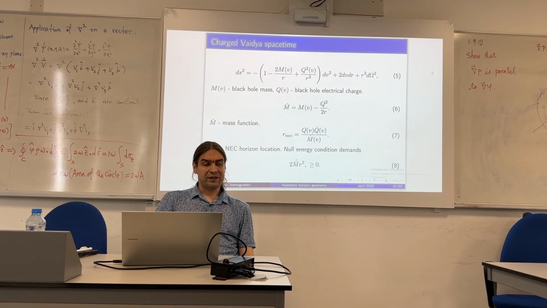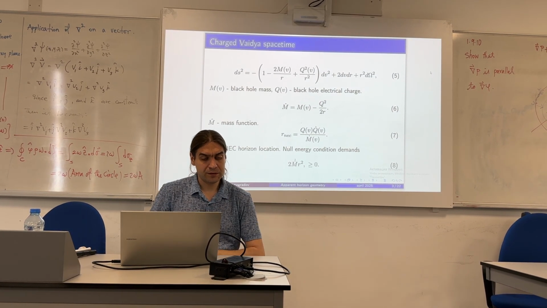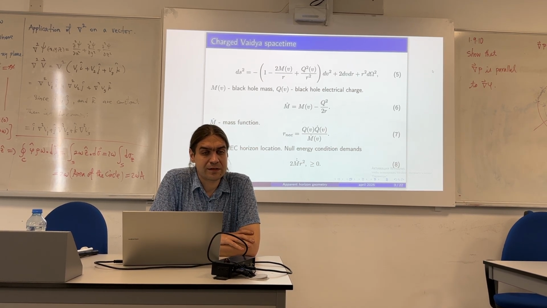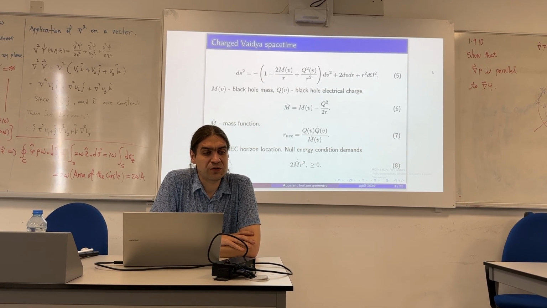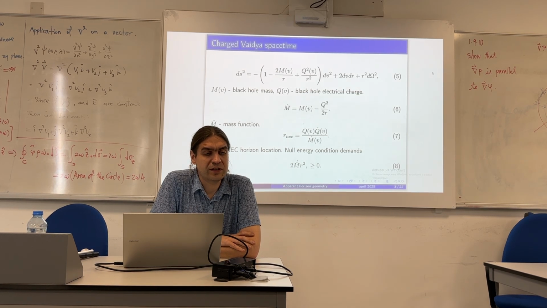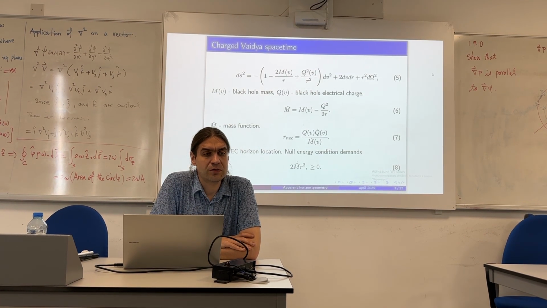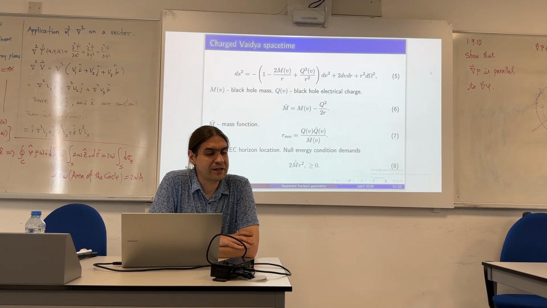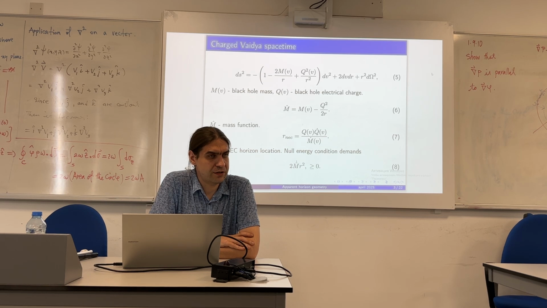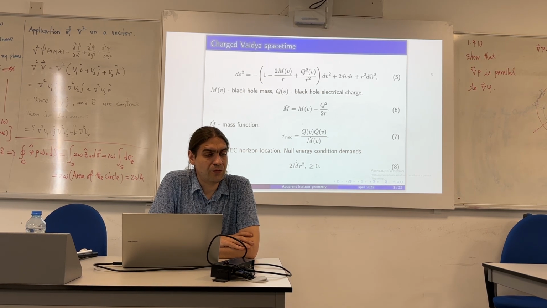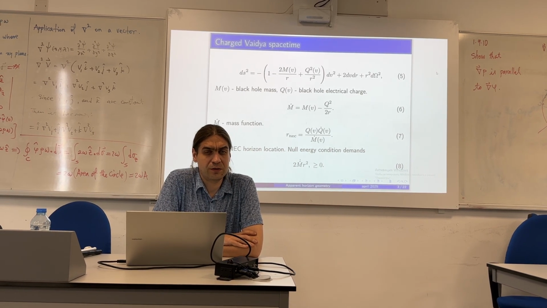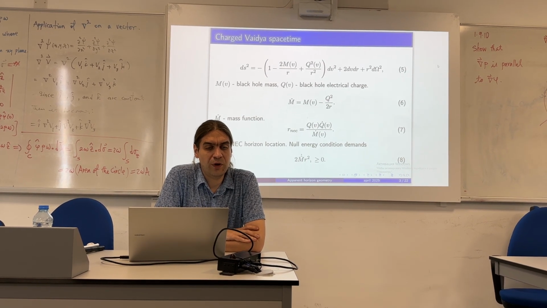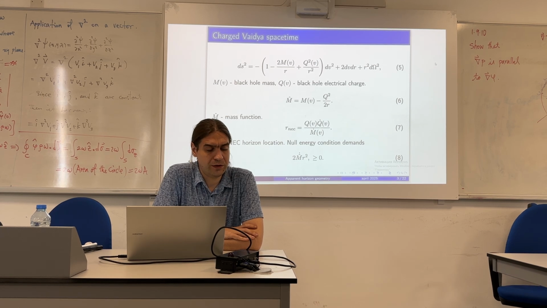What's going on next? If we consider charged Vaidya spacetime, then we will realize, please pay attention to the formula, the quantity which I denoted R_neg. Neg stands for null energy condition. So when we speak of charged Vaidya spacetime, it has a region where the null energy condition is violated.